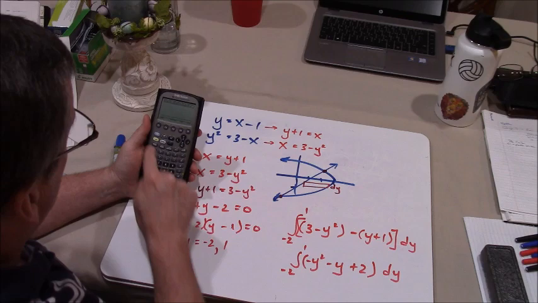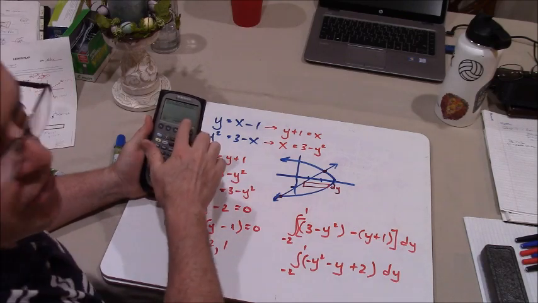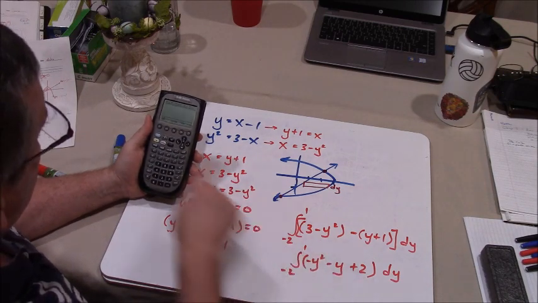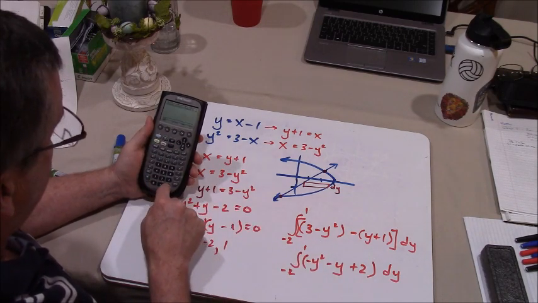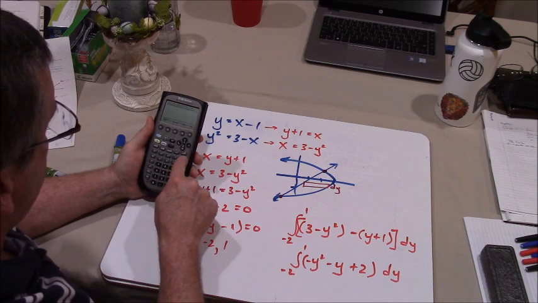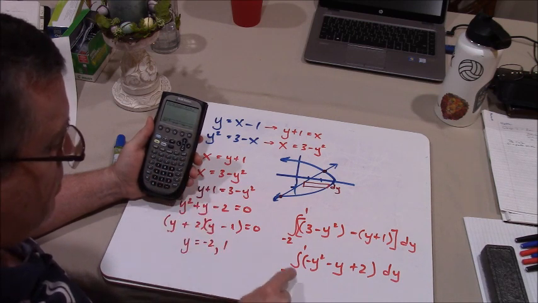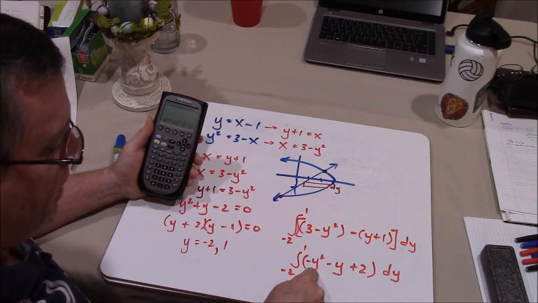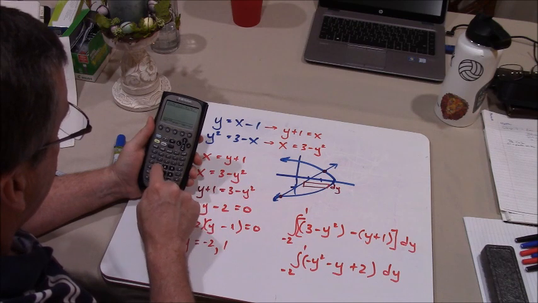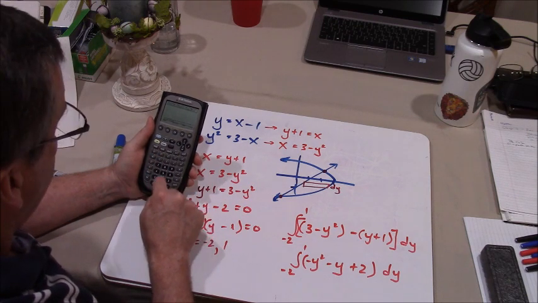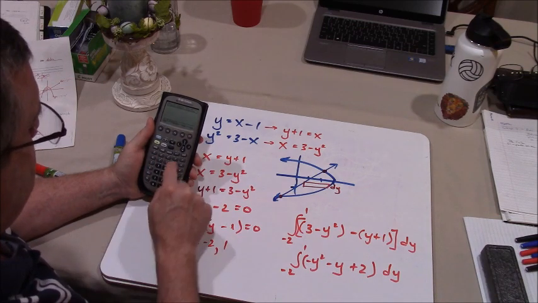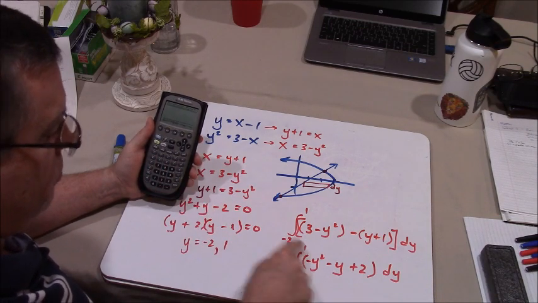All right, so I'm going to solve an integral. Again, I know this is hard to see, but I'm punching this right in. I'm going to solve the integral of negative y squared minus y plus 2, with respect to y, from negative 2 to 1.